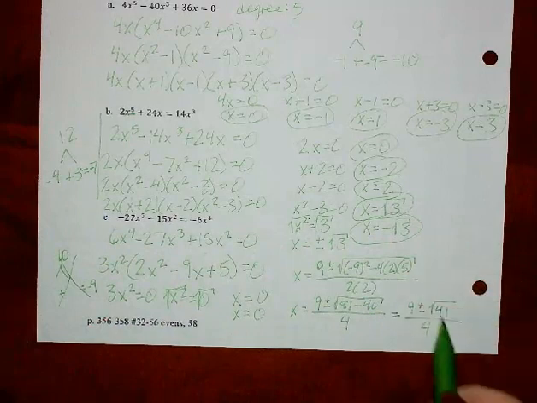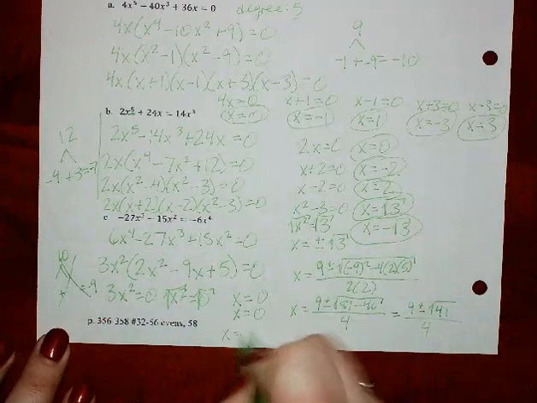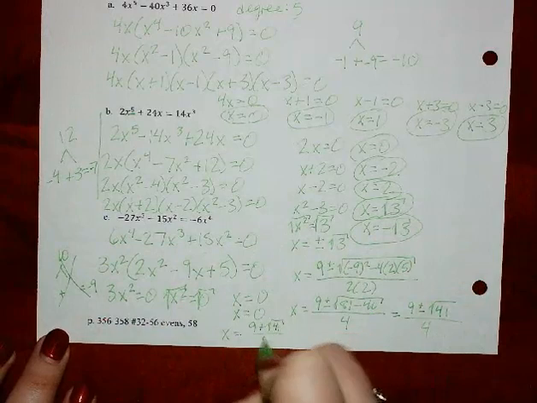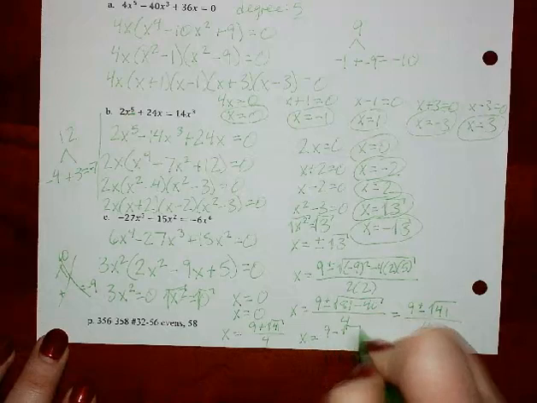These are not clean numbers, but they are two separate numbers because we get x equals 9 plus the square root of 41 over 4, or x equals 9 minus the square root of 41 over 4.